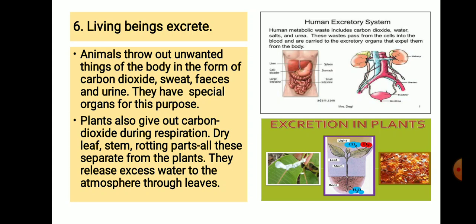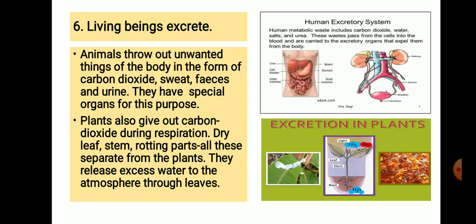This process of removing waste is called excretion. Some major excretory organs in our body are the kidneys, through which urine is removed, the lungs, through which carbon dioxide is removed, the skin, through which sweat is removed, and the colon, through which feces is removed. With the help of all these organs, our body removes unwanted products.